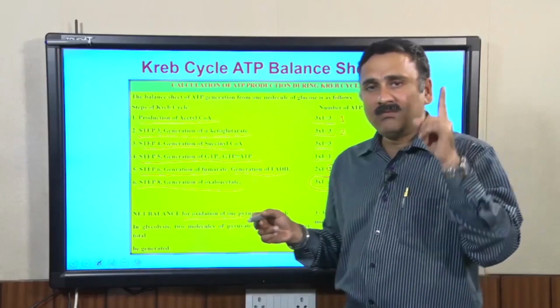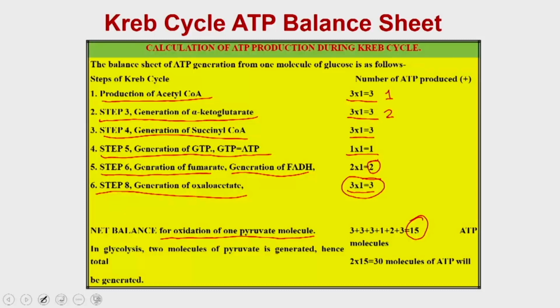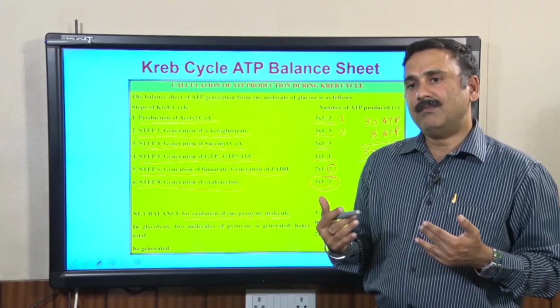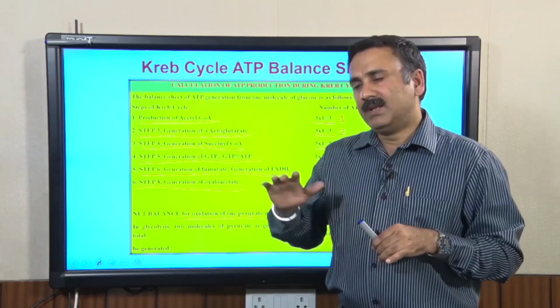That means from 1 molecule of glucose you have generated 30 ATP molecules from the Krebs cycle, and you have generated 8 ATP from the glycolysis, which means if you oxidize 1 molecule of glucose, you will get a total of 38 ATP if all these reducing equivalents go for complete oxidation.